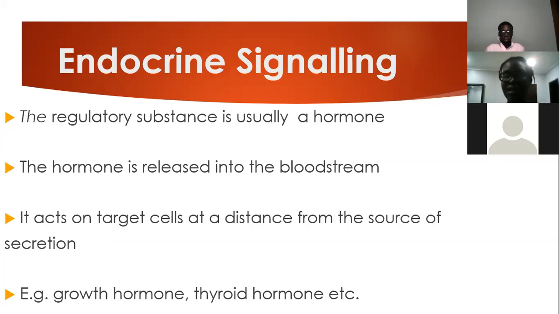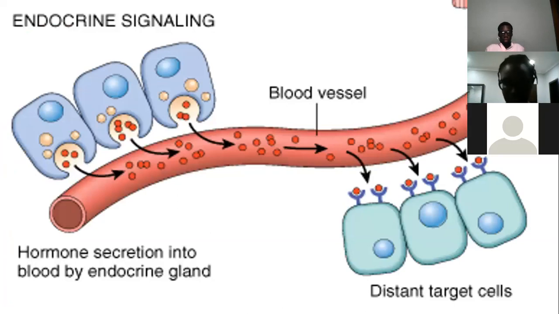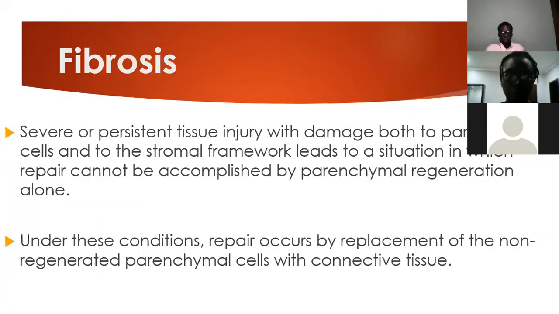So you realize that the site of production of the hormone is very far away from the site of action of the hormone. This effect is mediated by carriage in the bloodstream. The bloodstream will carry the hormone to the target of action.